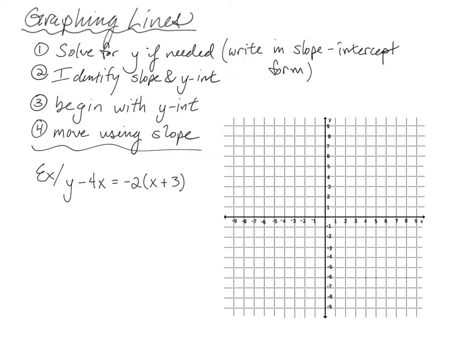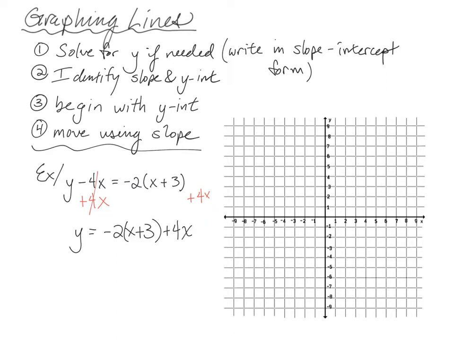We have the only example that I will be working through here. And when you solve for y, if you just follow my direction, the only thing that we're going to do is add 4x. And that will leave us with y equals negative 2 times x plus 3 plus 4x.